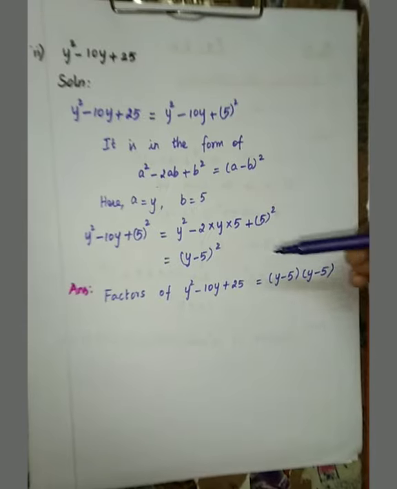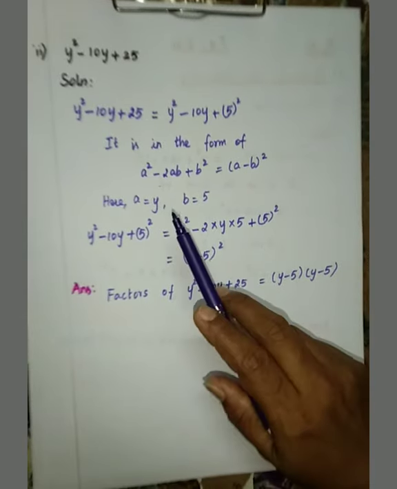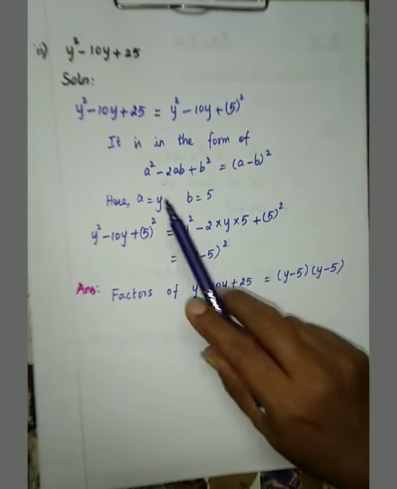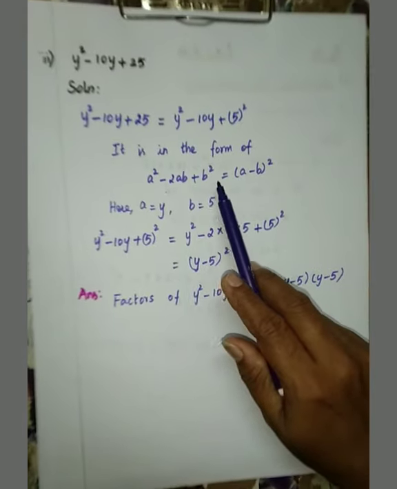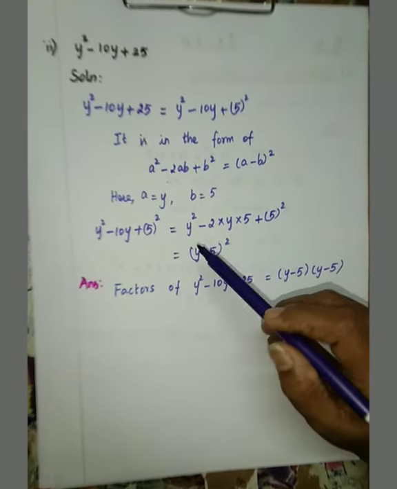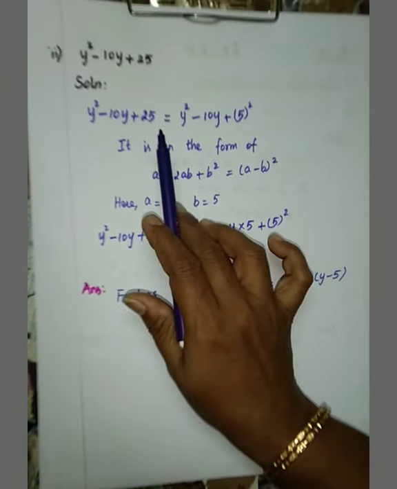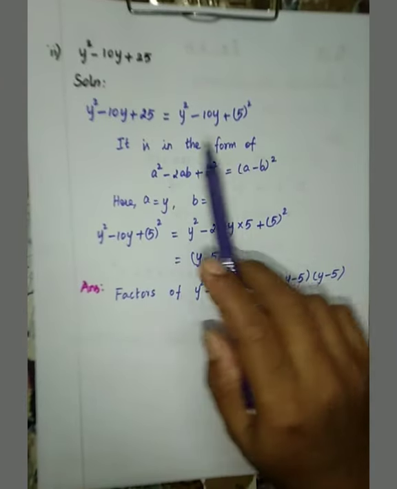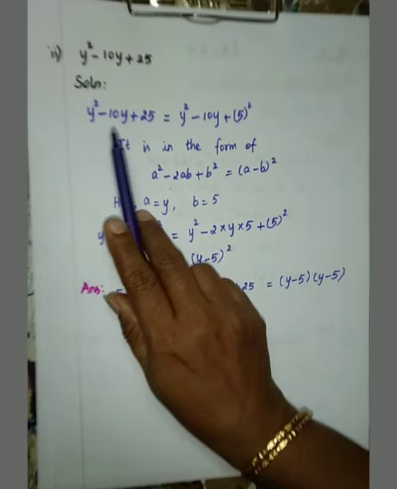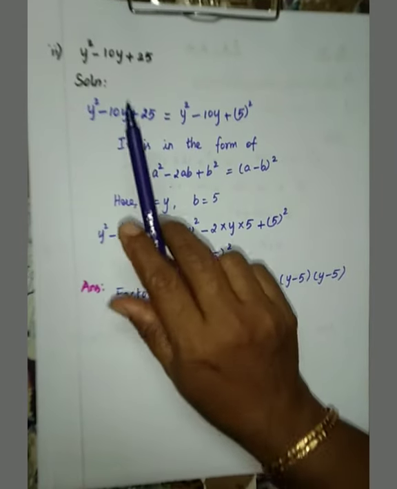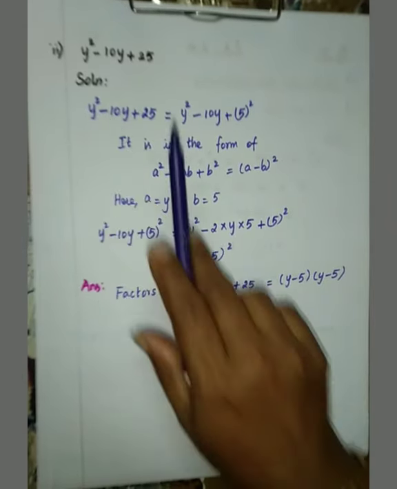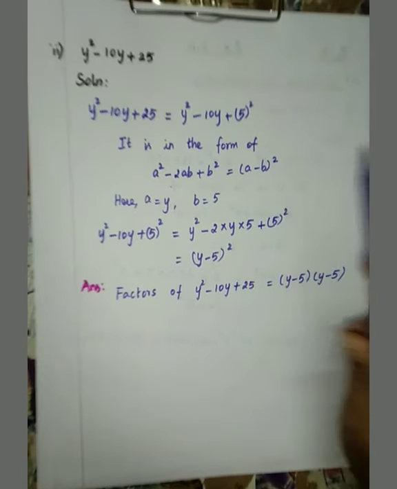So here we are applying the second identity, a minus b the whole square, so a square minus 2ab plus b square. Before factorizing, you can check the first and the last term. If the numbers are in square format, you can apply identity. If the middle term is plus, you can apply a plus b the whole square. If the middle term is in minus sign, you can apply a minus b the whole square.